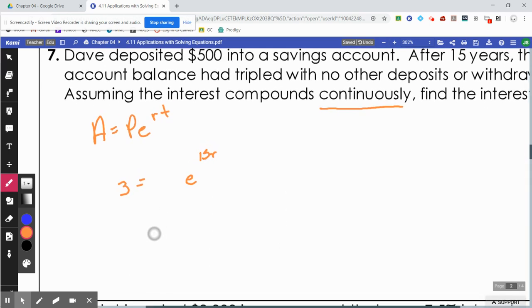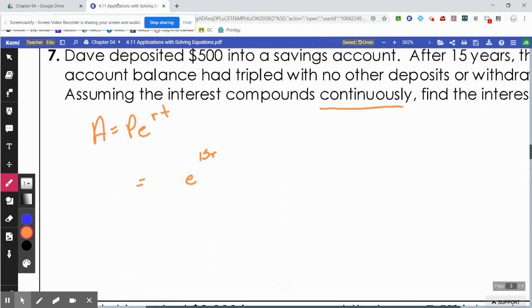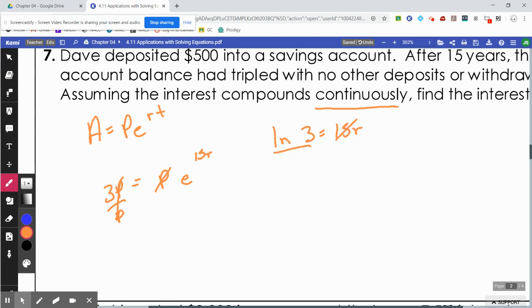Let me zoom in a little bit. We started with an amount of P, and we now have 3P. It tripled. When you divide by P, the P's cancel, and it leaves you with 3. So regardless of the amount of money, it's always going to be worked the same. Now let's change forms. That'd be log base E of 3 is equal to 15R. Last step, divide by 15.